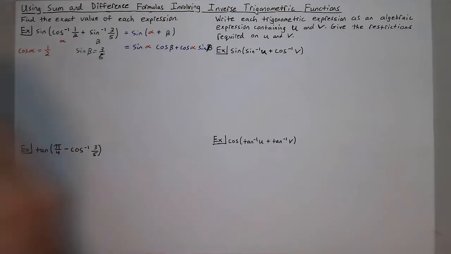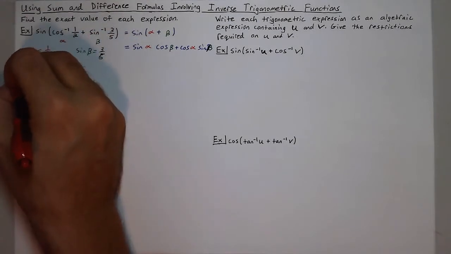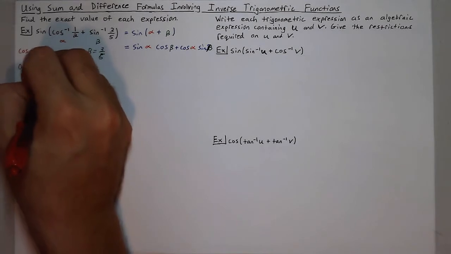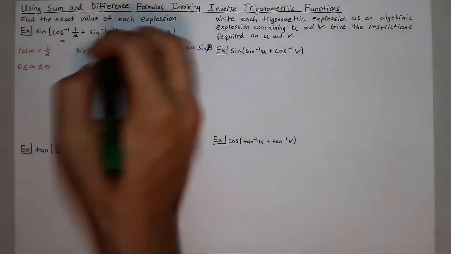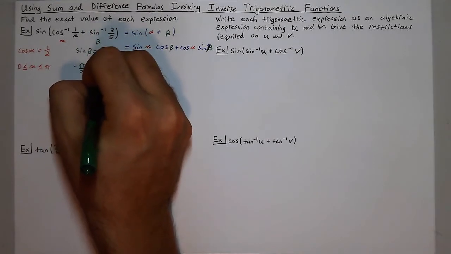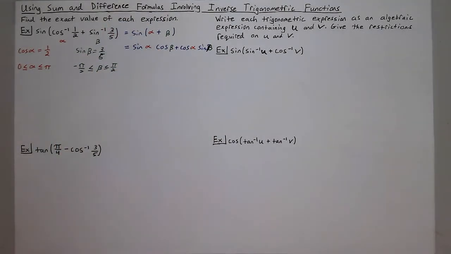Now, one thing to keep in mind is, since this is cosine inverse, that alpha should be between 0 and pi, since that's the range of cosine inverse, and beta for sine inverse should be between negative pi over 2 and pi over 2. It's one thing to keep in mind.